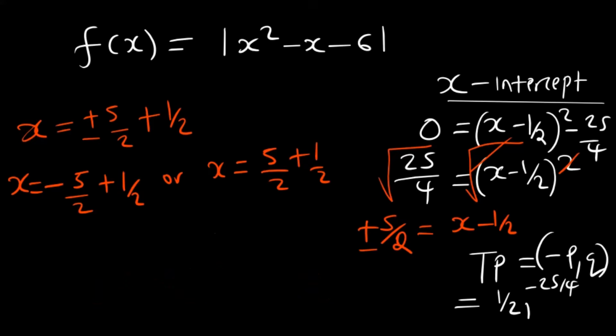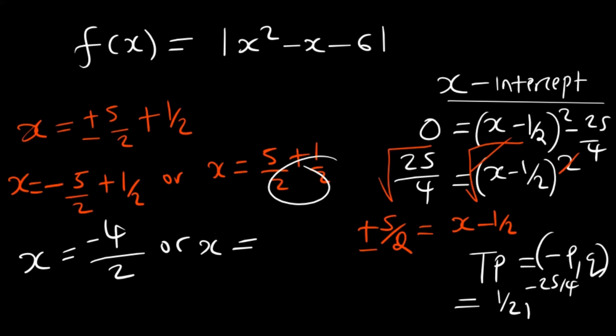So therefore now our x will be equals to, since the denominator is the same, I'm just going to get 2. Then negative 5 plus 1, that is a negative 4. So that is one value of x, negative 4 over 2. Or another value of x, since we have the same common denominator which is 2, I'm going to add 5 plus 1, that is a 6. Then I can divide 2 into 6, that is a 3.